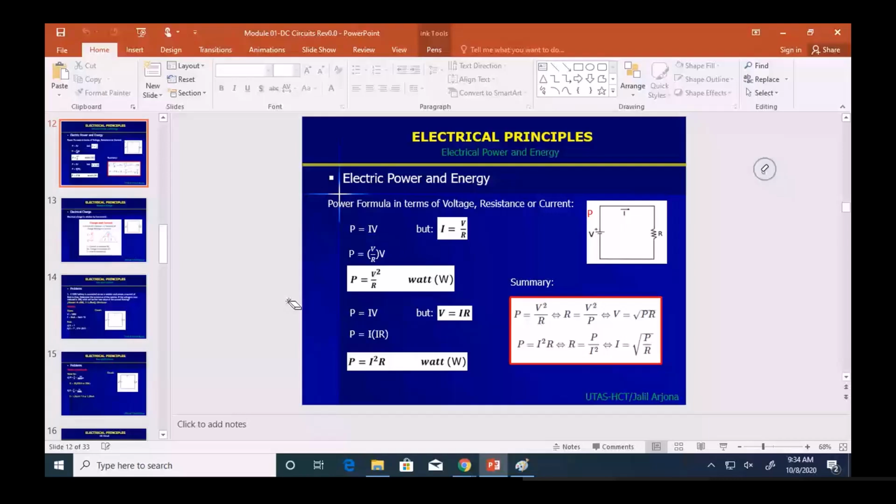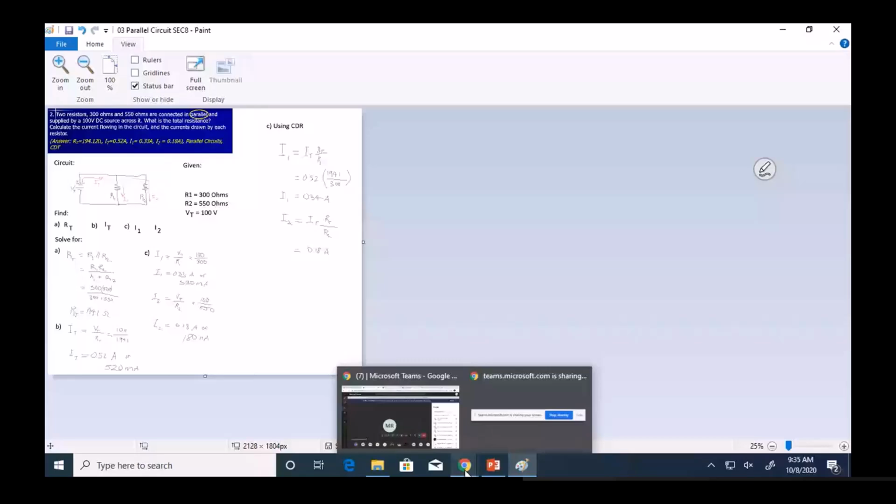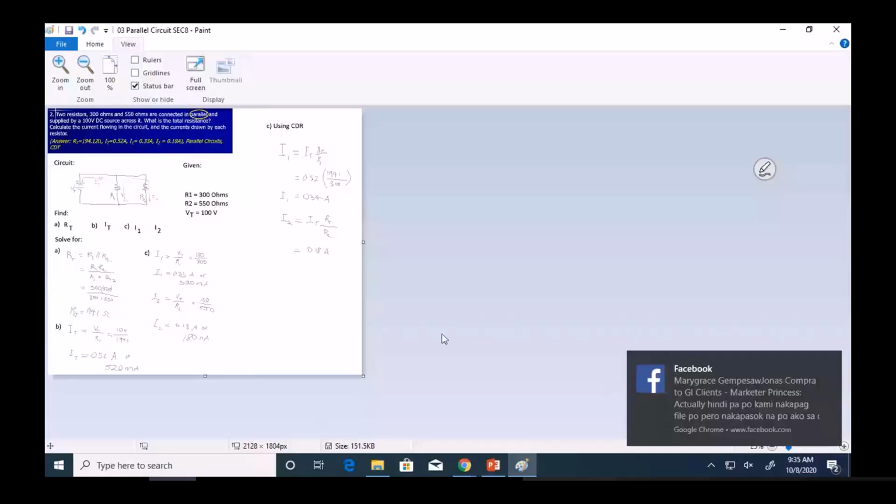So please study and practice. This is not just about memorizing. It is about analysis. You must know how to analyze and solve problems here. It's mostly problem solving and analysis.